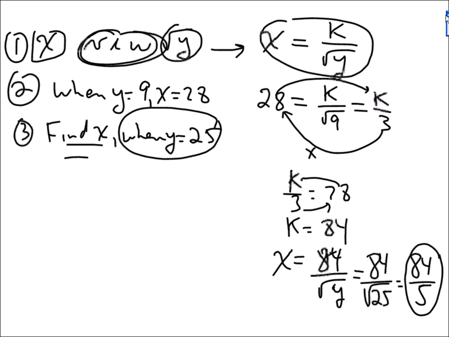Okay, let's try a few more. So first they tell you that this varies directly with, or varies inversely with, something else. And then they tell you a point, and then they ask you to find one of the variables.